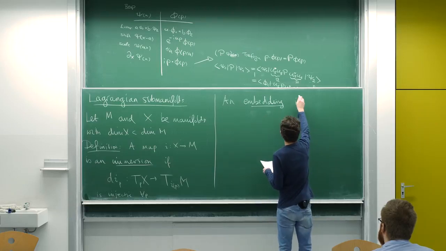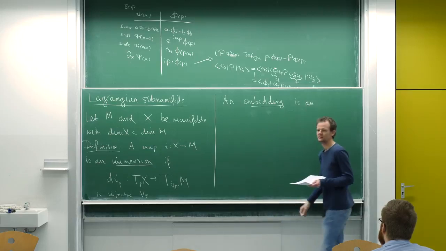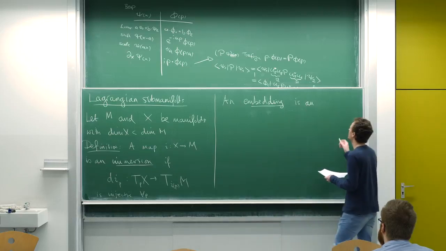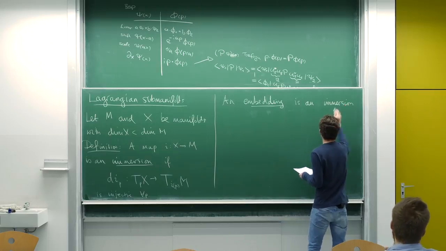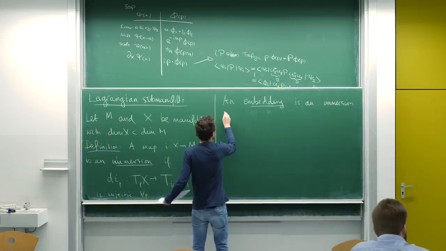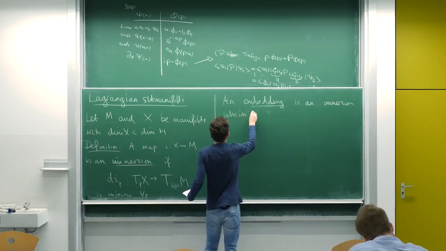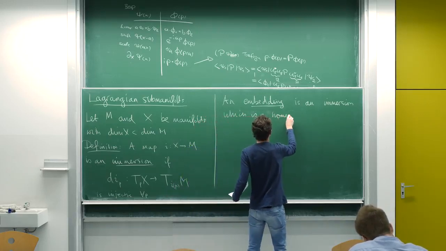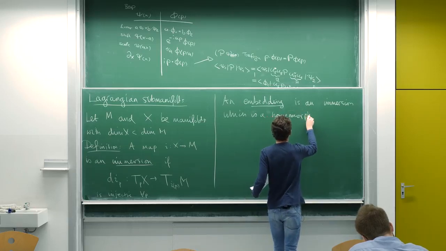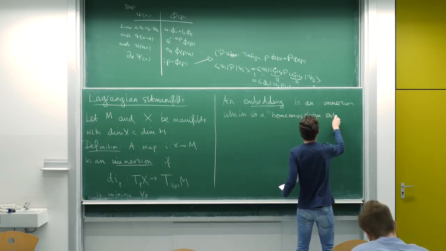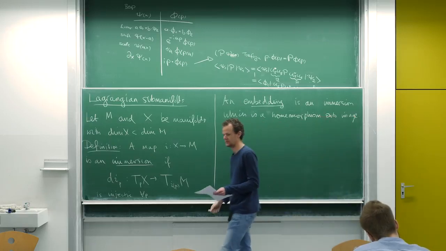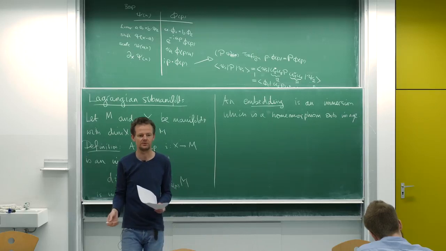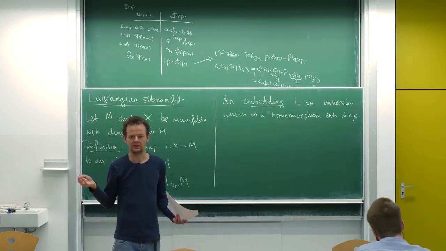So we can fix that up by using some information about the topology and introduce another adjective, embedding. An embedding is an immersion which is a homeomorphism onto its image. Now they have the same structure as topological spaces, so X and the image of X in M.